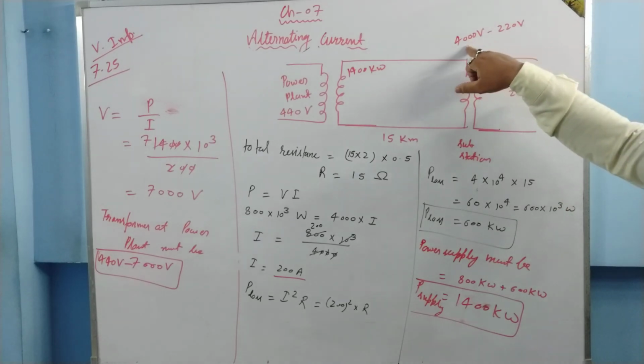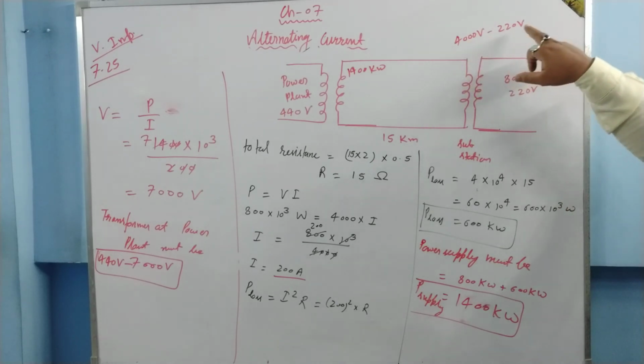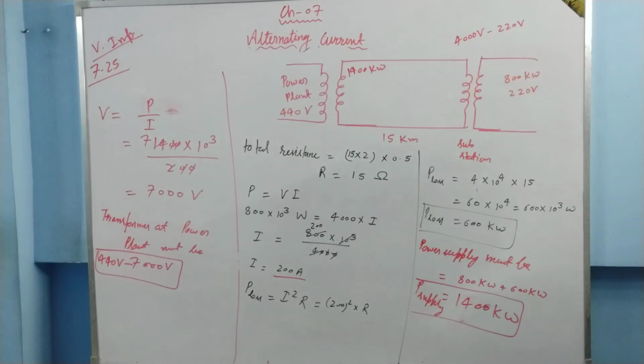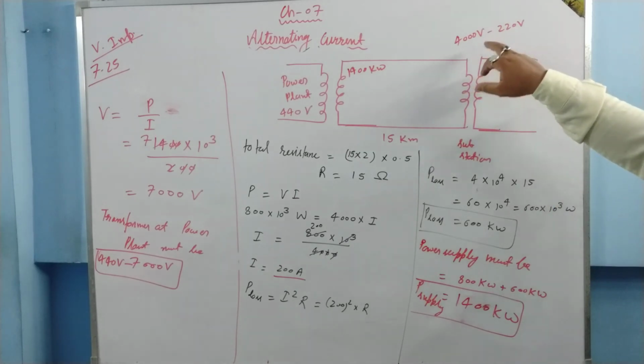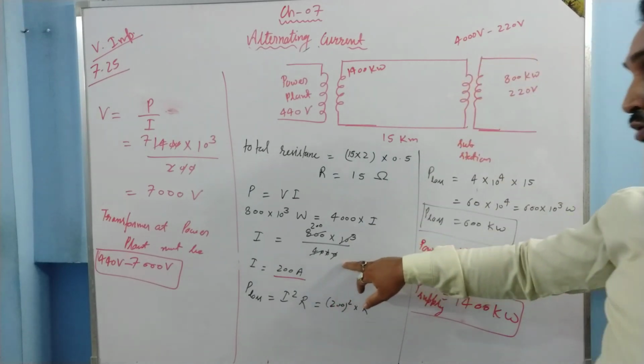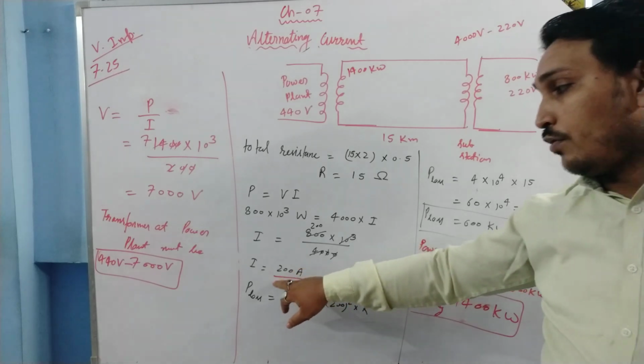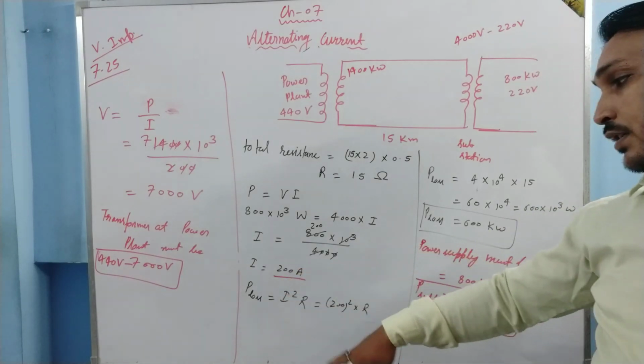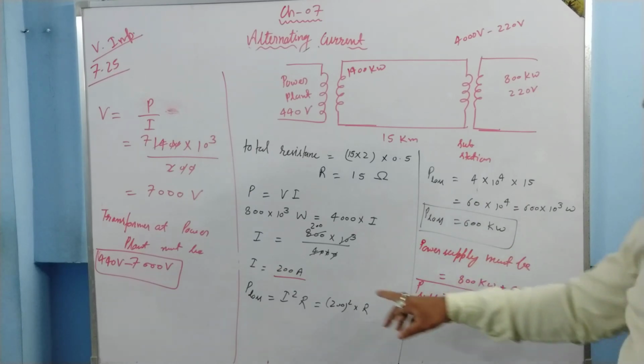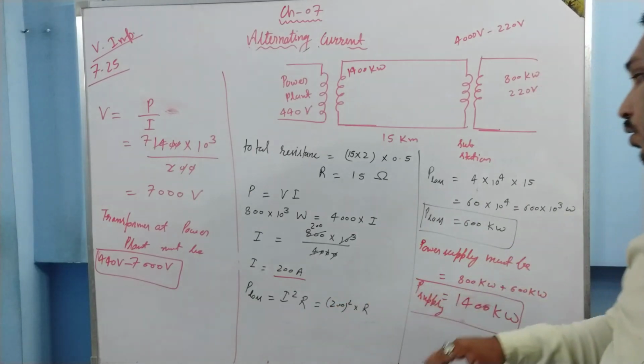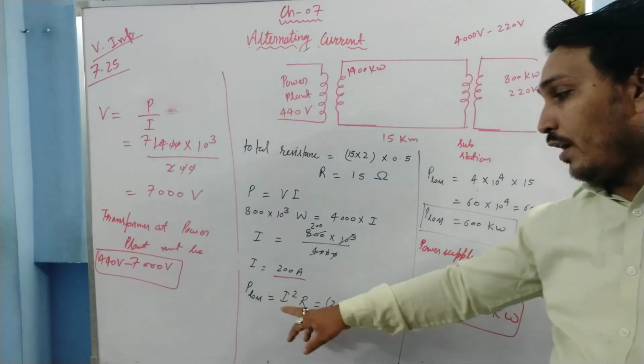Now it is 40,000 volt and 220 volt. So how are we going to calculate it? If it were 40,000, we would have divided by 40,000 over here, then we would have got 20 ampere. In that case, the power loss will be the square of 20.